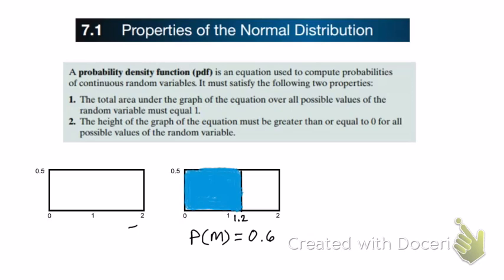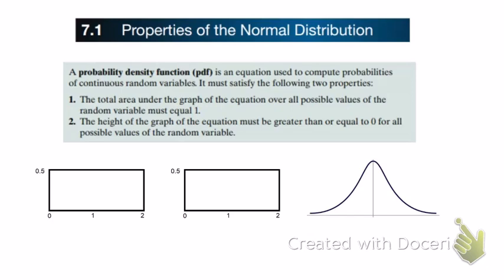So again, we're just talking about area. But then we get to this kind of thing. Those first two examples were uniform distributions that we can just do area of a rectangle. This is a graph of a normal distribution where most of the things are grouped in the center.